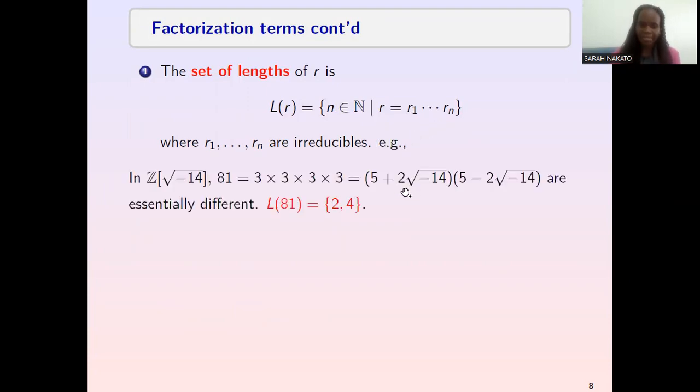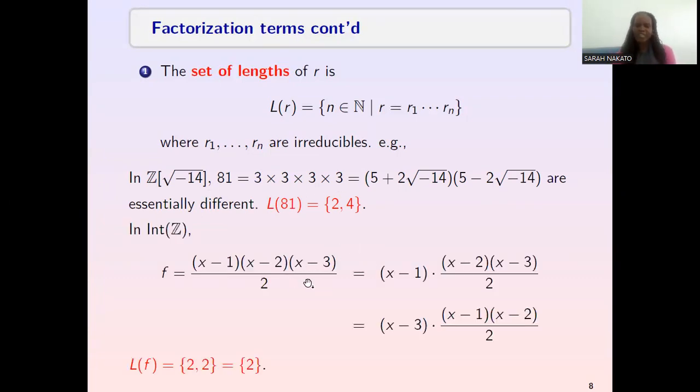For example, in this ring where we had 81 having these two essentially different factorizations, this is of length 4, this is of length 2. So the set of lengths of 81 will be {2, 4}. In particular, {4, 2}, but it's a set, so we can always reshuffle. So this will be the set of lengths for that element, 81.